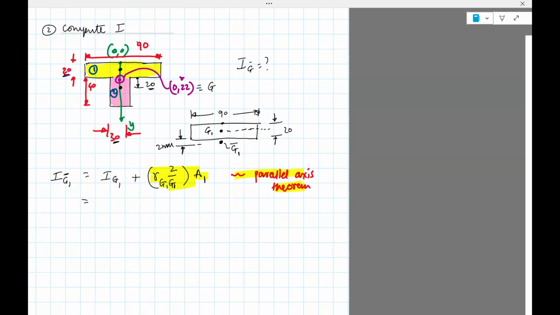It's going to be 1/12 times the breadth or width, 90, times height cubed, so 20 cubed, plus the distance between G1 and G. Remember that G to the bottom edge is 10 and the bottom edge to G1 is 2 mm. So this height is 10 mm. So it's 12 square times the area, 90 times 20.